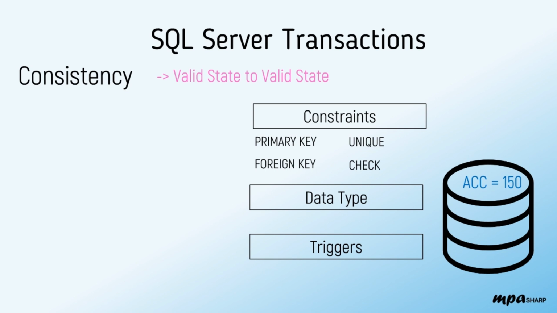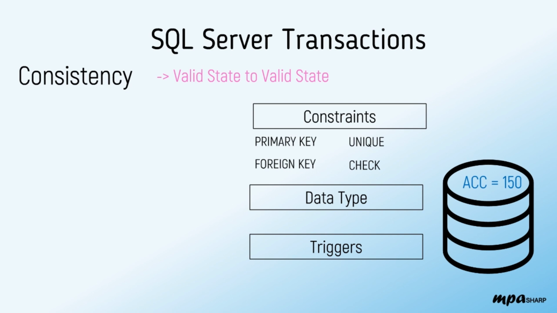It's important because it maintains the integrity of the database and the data inside it. It enforces the structure and the business rules defined within the database schema. SQL Server automatically checks for constraint violations and executes triggers as part of the transaction. If a violation occurs, the transaction fails and the operation will be rolled back.